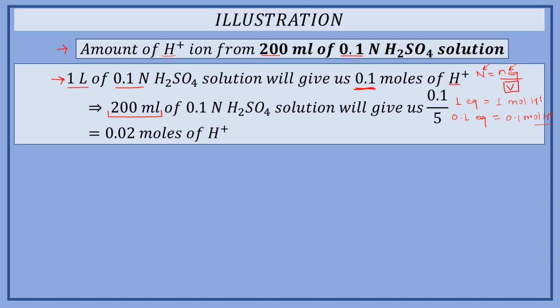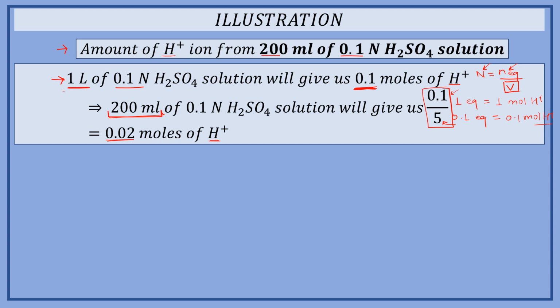This we have done for 1 liter, which gives us 0.1 moles. So we have to calculate for 200 milliliter. Since we have divided the volume by 5, we will divide the moles by 5 as well. So the number of moles of H plus will be 0.1 divided by 5, which is equal to 0.02 moles of H plus ions.